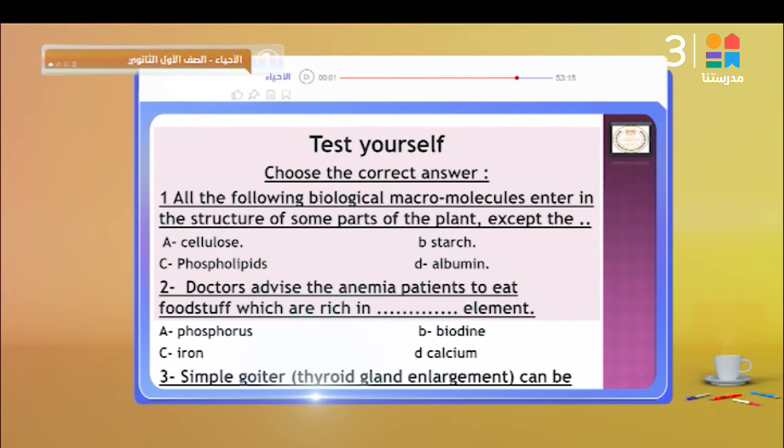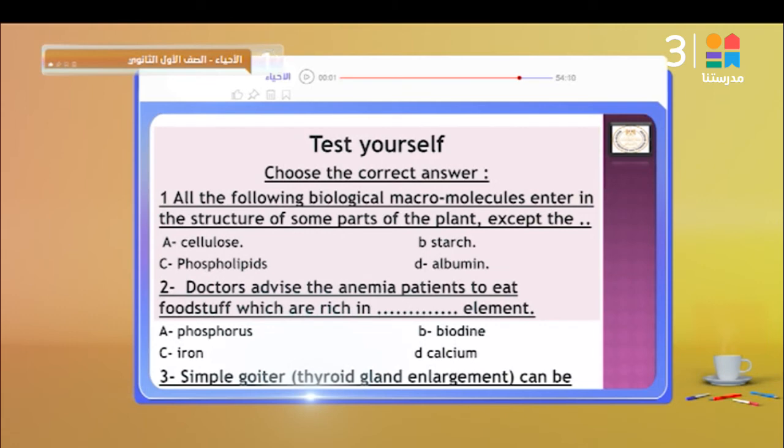So it's not phosphorus. B, iodine enters the structure of thyroxine, not the answer. Iron, this is the best answer. Why? Iron plus amino acid enter the structure of hemoglobin to carry the oxygen. Calcium is not related.